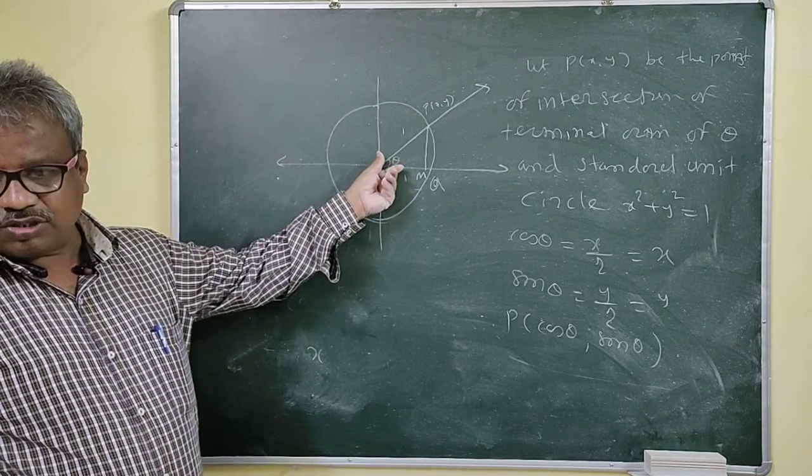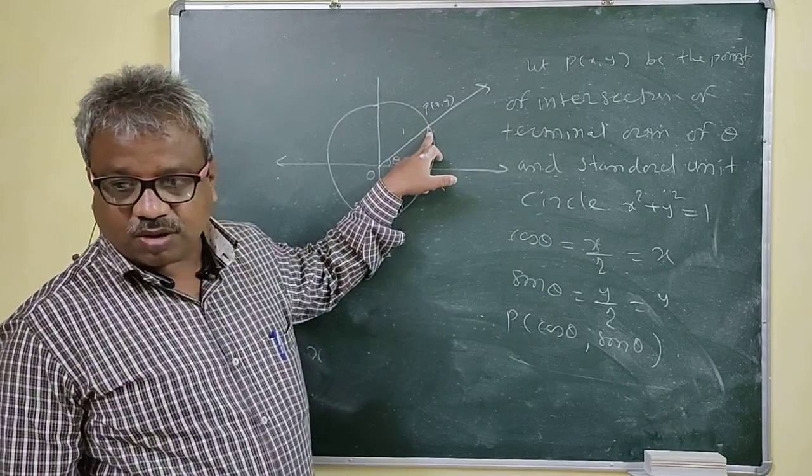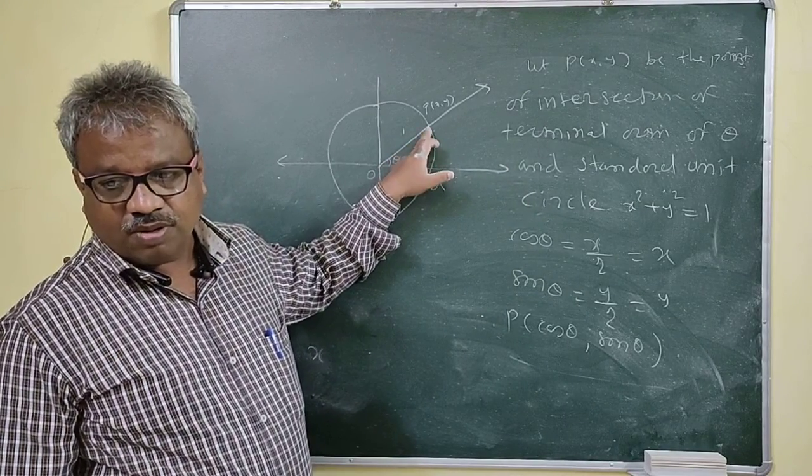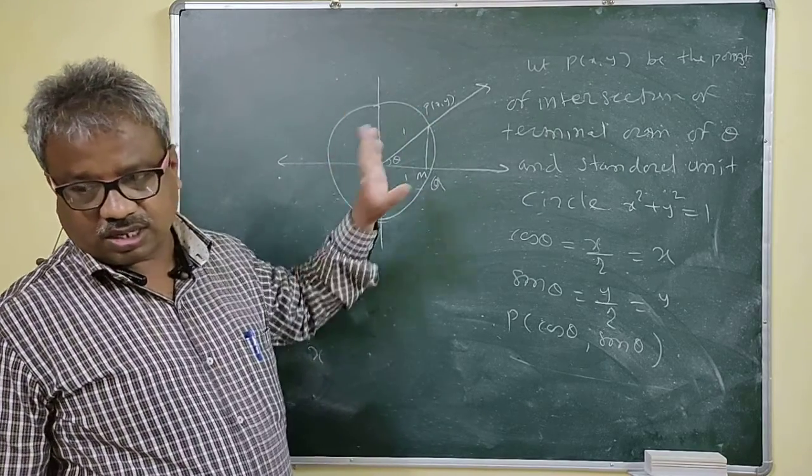So that means to find the trigonometric ratio of angle theta, you have to find the coordinates of the point of intersection of the terminal arm and the standard unit circle. Right?